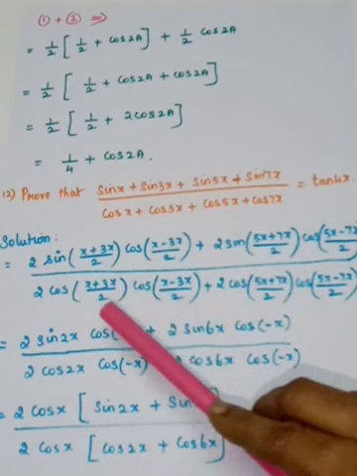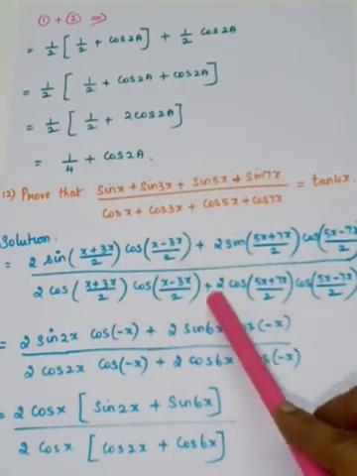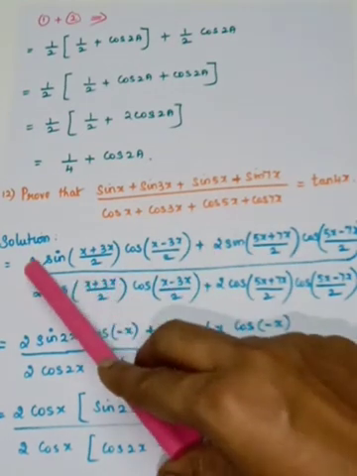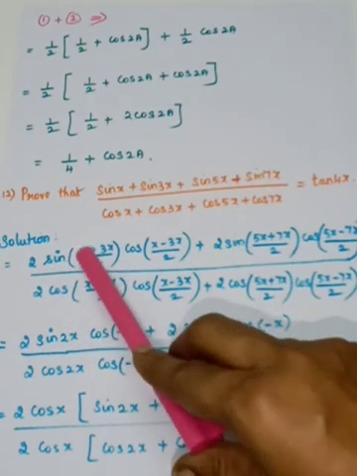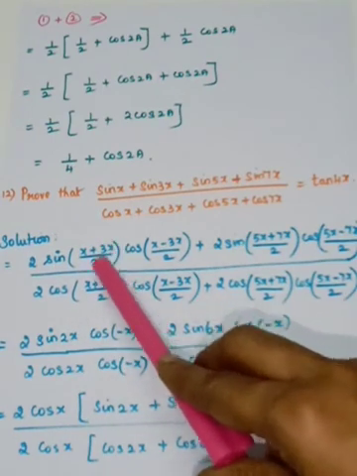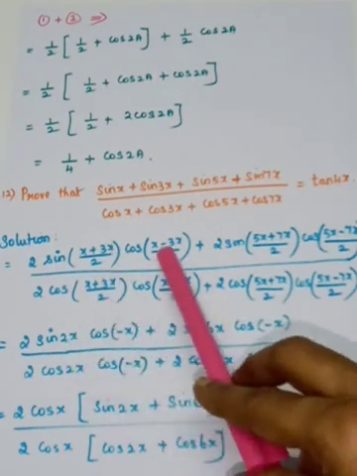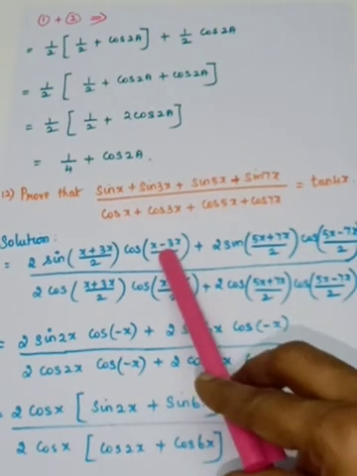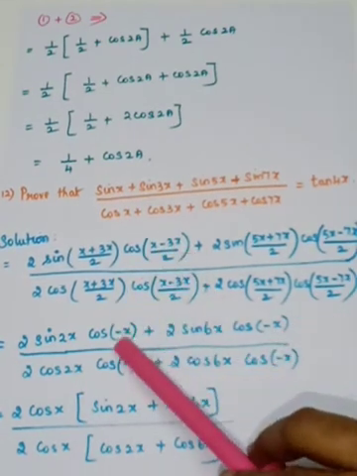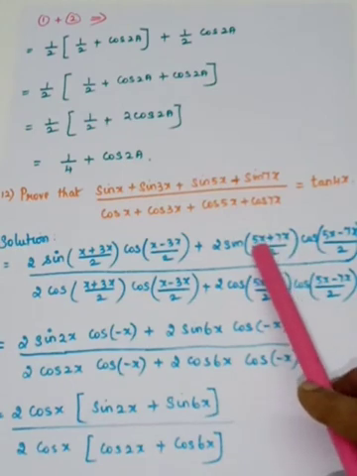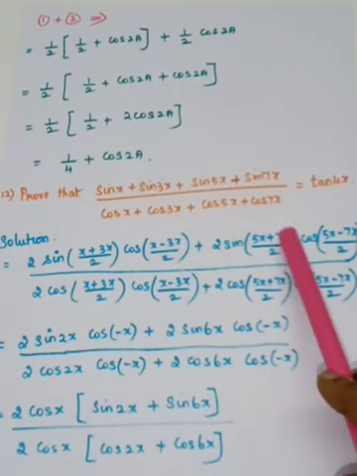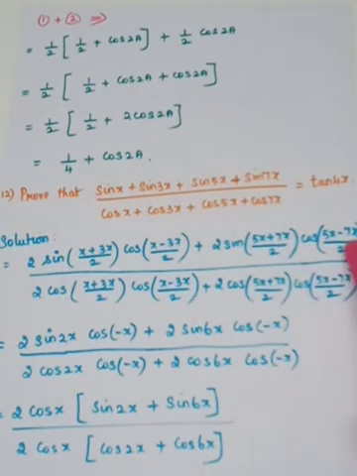Okay, so see now, in between you have plus, so you have to simplify. 2 sin, what is x plus 3x? 4x. 4x by 2 is 2x. What is x minus 3x? It is minus 2x. Minus 2x by 2 is minus x. Here 5x plus 7x is 12x. 12x divided by 2 is 6x. Here 5x minus 7x is minus 2x, divided by 2 is minus x.